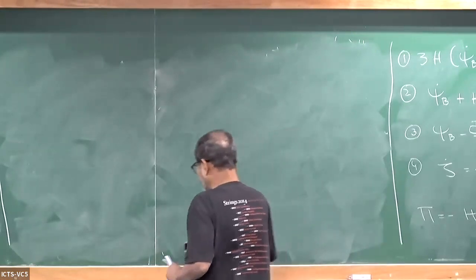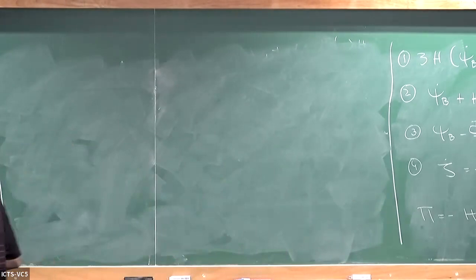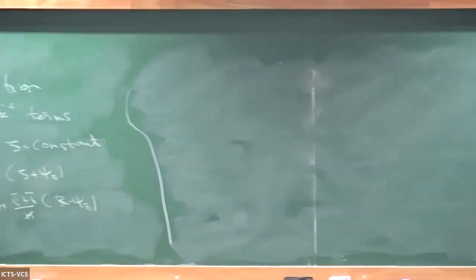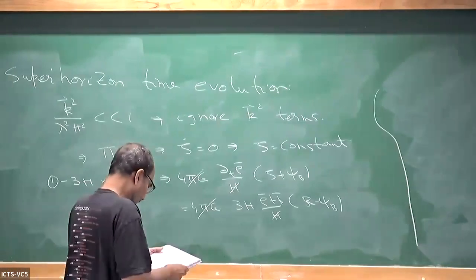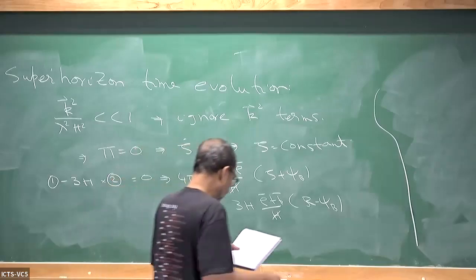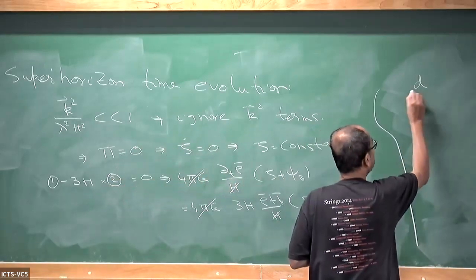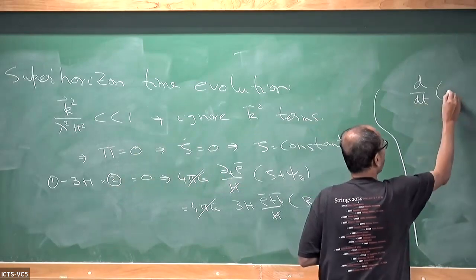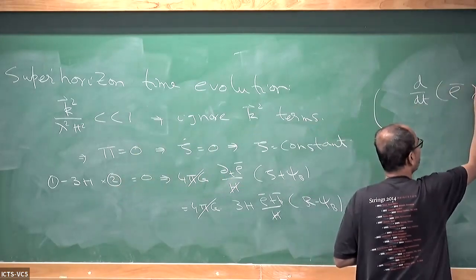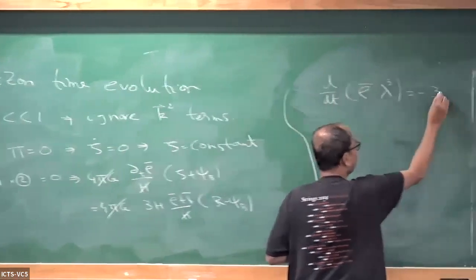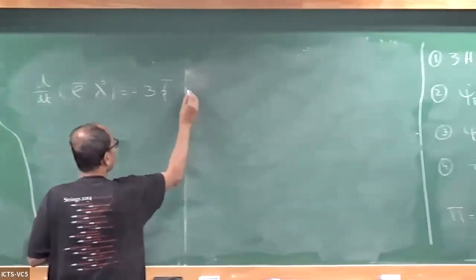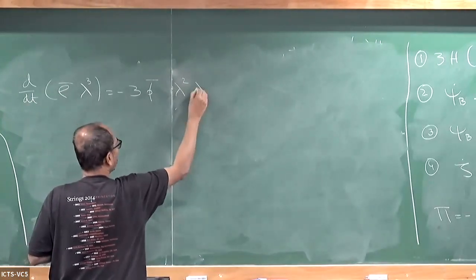So you have to find the expression for rho bar dot, but this is of course the background rho bar. If you use whatever you have learned earlier, we have this equation, remember: d/dt of rho bar lambda cube is minus 3 p bar lambda square lambda dot.